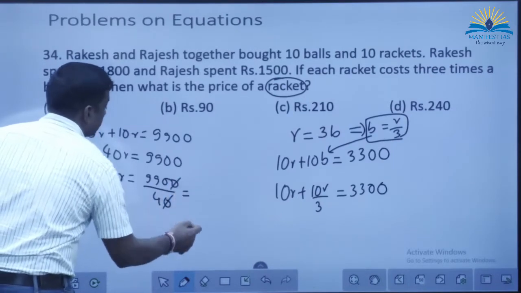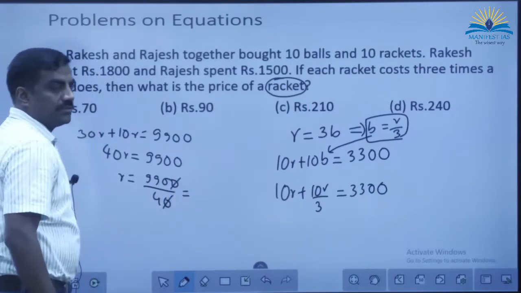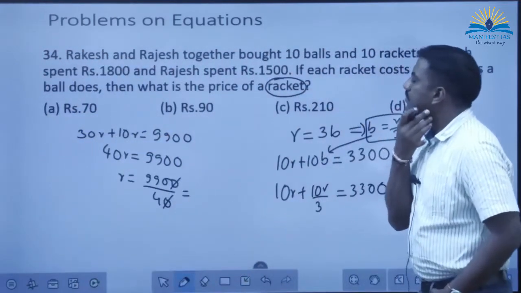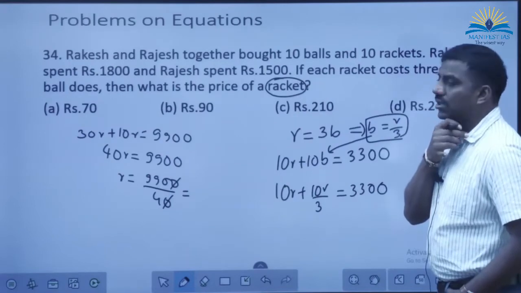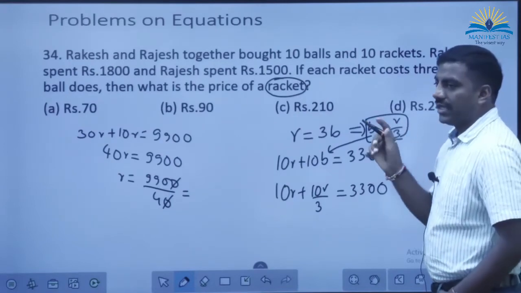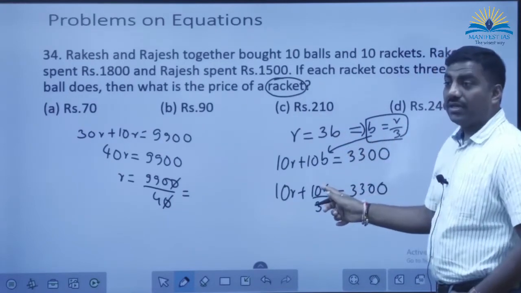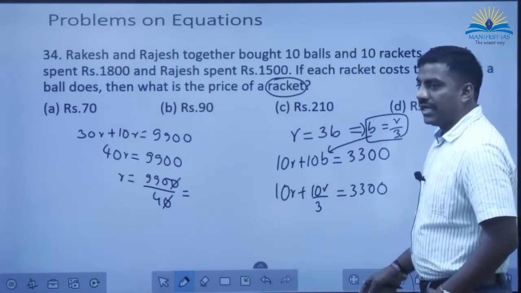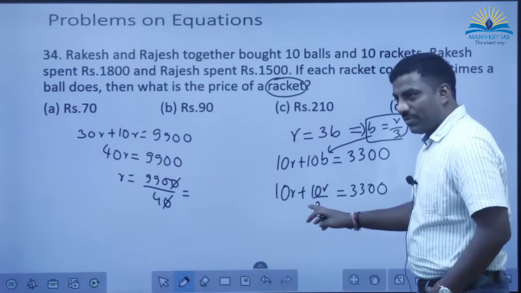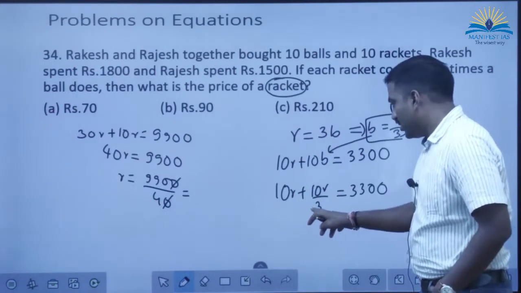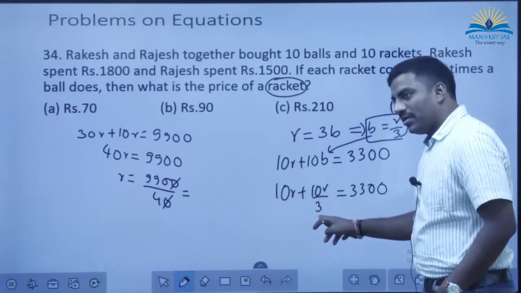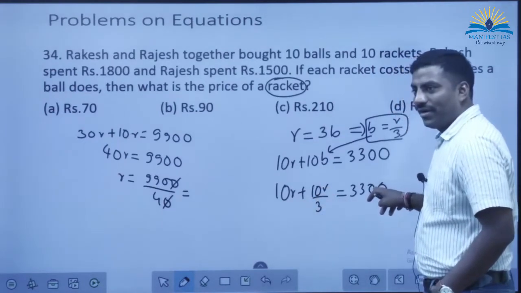Cancel. What should be the answer? Something is wrong. Yeah. Did I make anything wrong here? Yeah, LCM, no. If I take LCM, I'll tell you. 3 will come, it will become 30, it will become 10. 3 will go and get multiplied here.